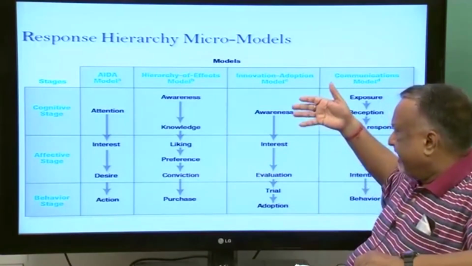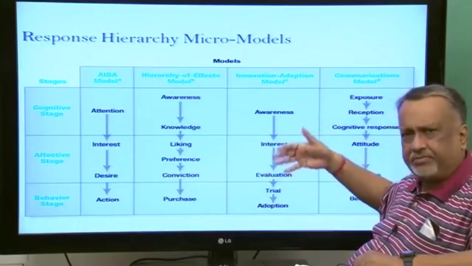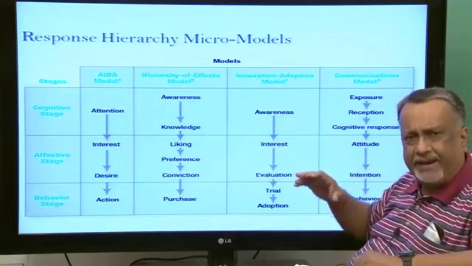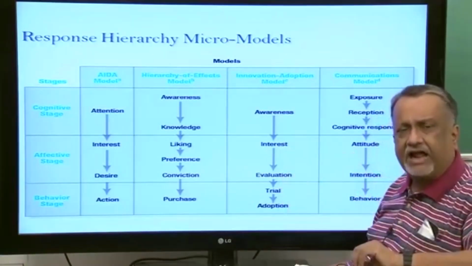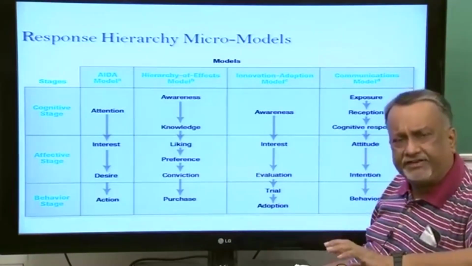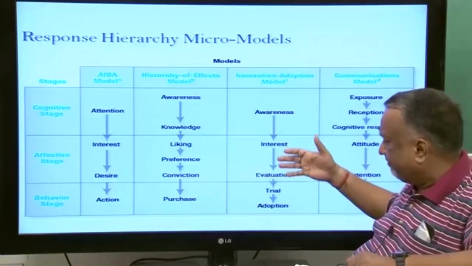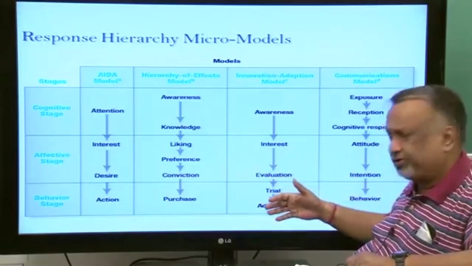So, this awareness, interest and evaluation based on trialability, based on backward compatibility, based on clear visible differentiation and advantage communicated to the customer will finally lead to adoption through trial.